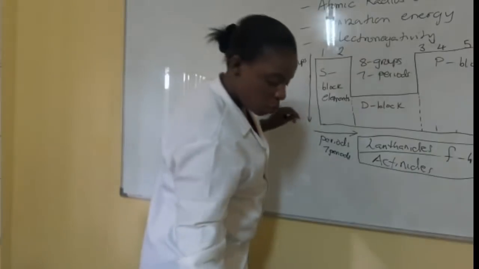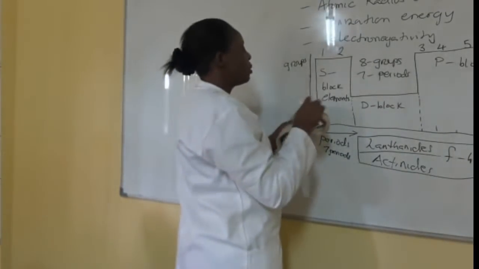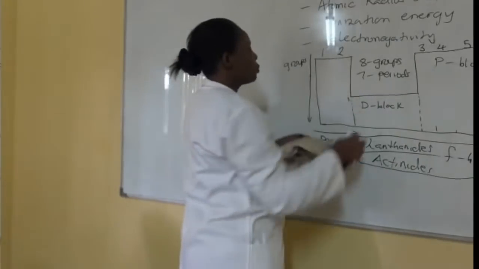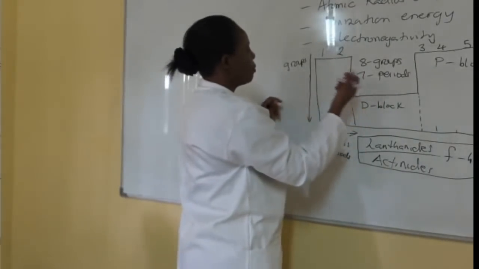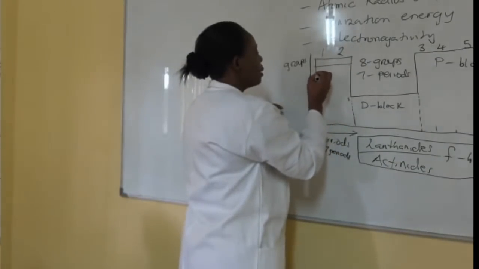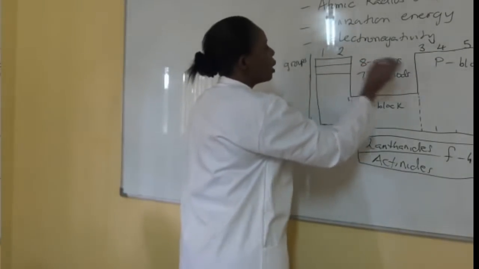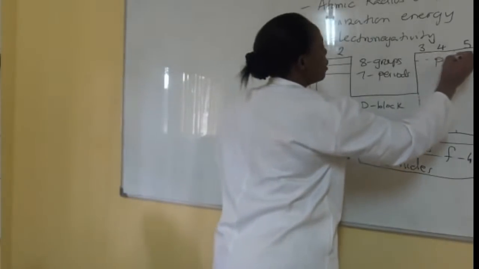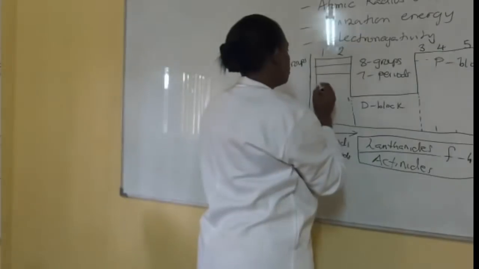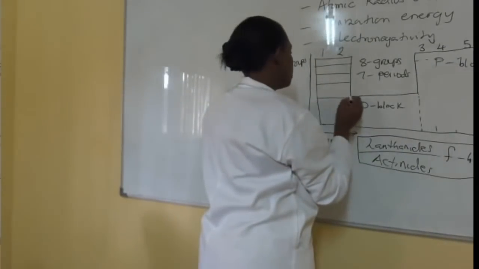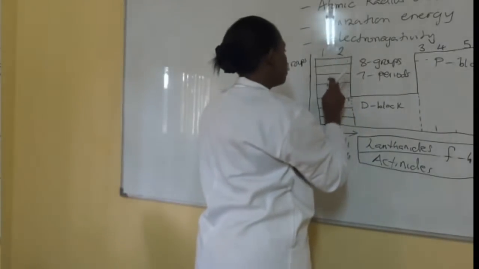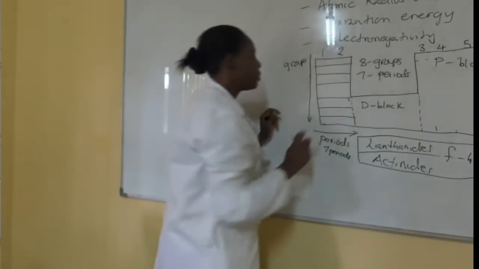So when you're looking at your periodic table, then you can tell. If I was to write the periods, I'll just draw them in. So this is 1, 2. So these go across. Okay? We go across up to that far. Then 1, 2, 3, 4, 5, 6, 7 periods.